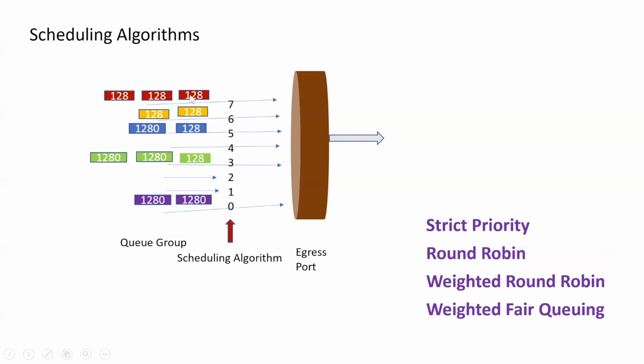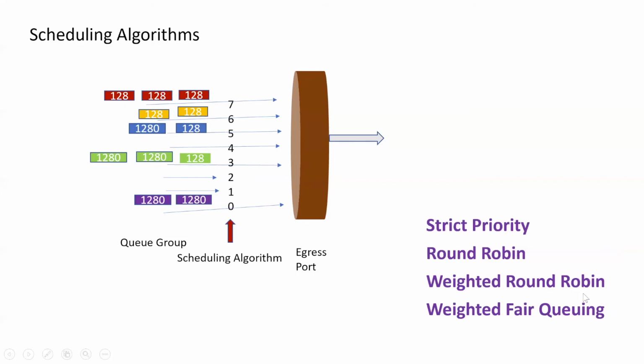So we would send this packet and this packet, 2, this packet and this packet. So 7, 7, 6, 6, then 5, 3, 0, then 7, 5, 3, 0, then 3. Right, so we're just saying how many packets we're going to dequeue at once. And that's weighted round robin.